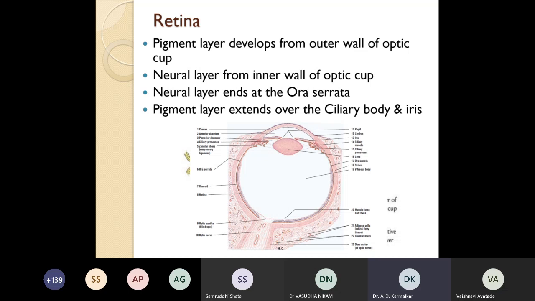The neural layer ends at the ora serrata, while the pigment layer extends over the ciliary body and the iris. Here, the ora serrata is number 17, and in front of that it is only the continuation of the pigment layer.